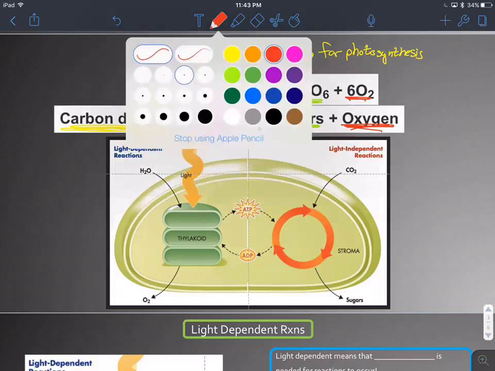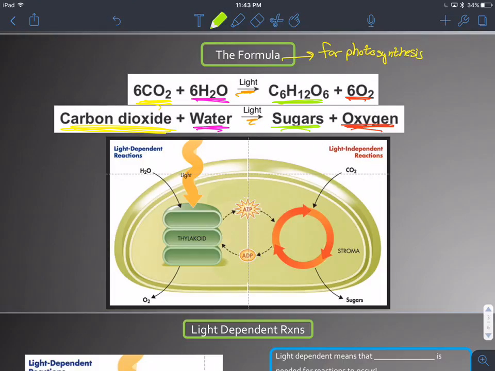So what we call this side of the equation, the carbon dioxide and water side of the equation, okay, these are called inputs.